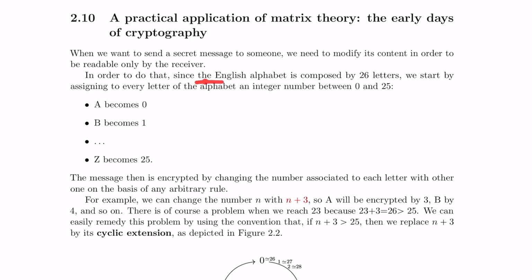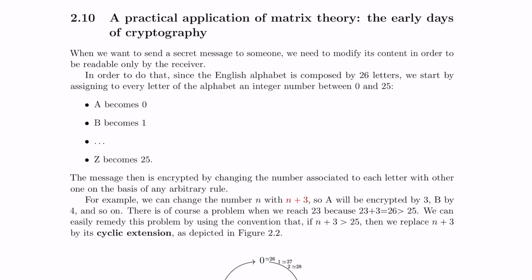Since the English alphabet is composed of 26 letters, the integer numbers that we're going to discuss are those contained between 0 and 25. The association between letters and numbers in alphabetical order is A is associated to 0, B to 1, etc., Z is associated to 25.